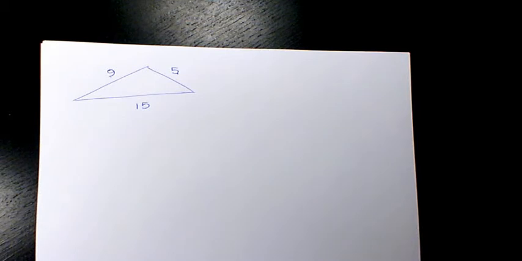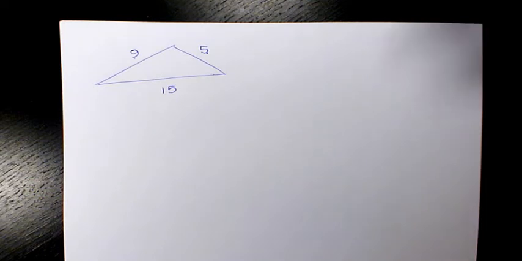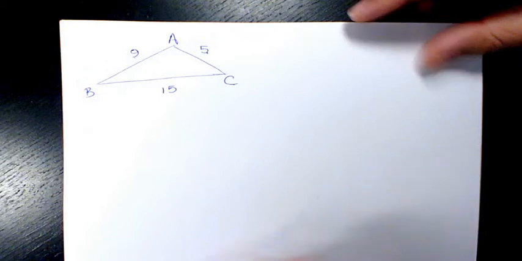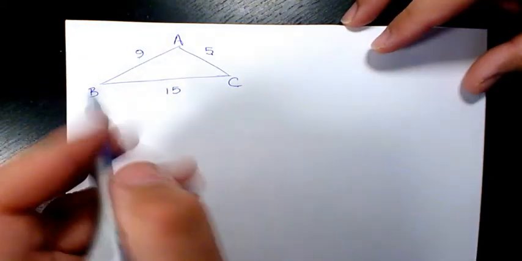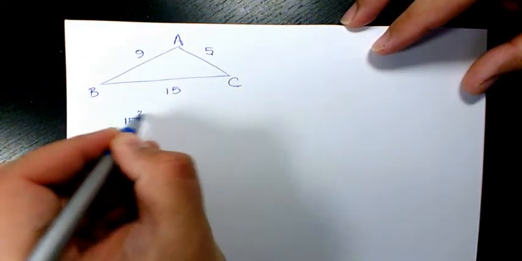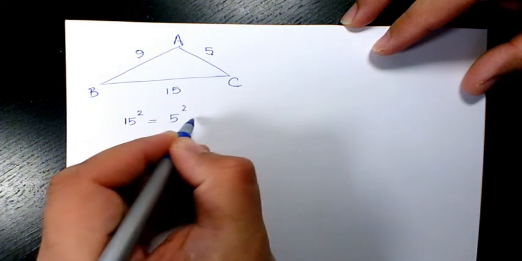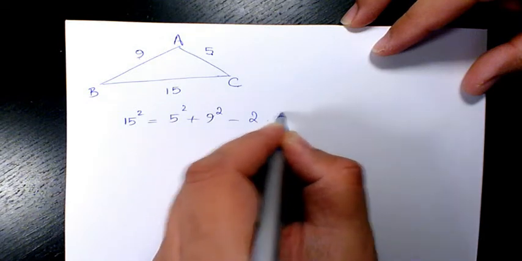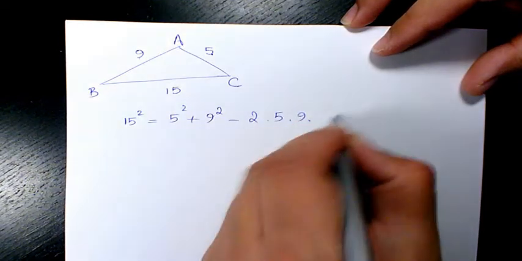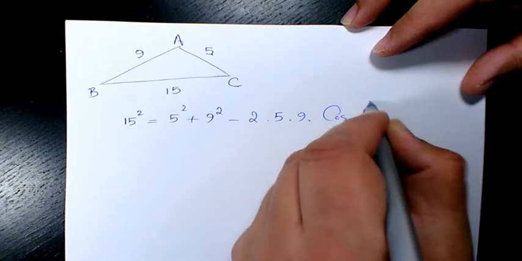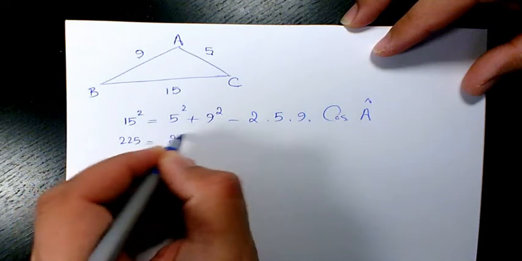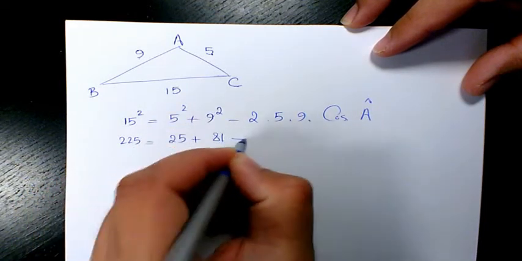Here, all sides are given, no angle is given. So we have none of these angles. So we can choose any of them and write 15 squared equals 5 squared plus 9 squared subtract 2 times 5 times 9 times cosine A. 15 squared is 225, 5 squared is 25, 9 squared is 81.